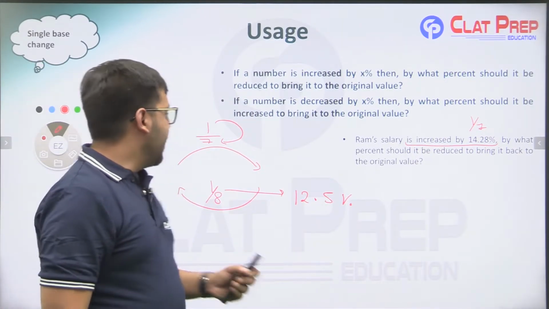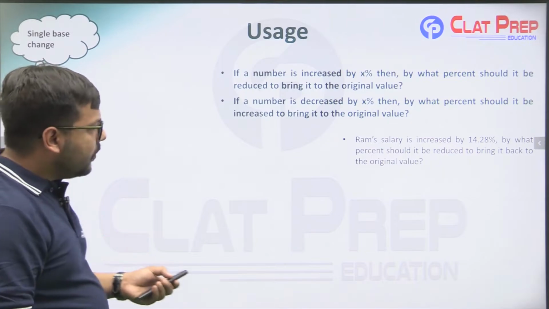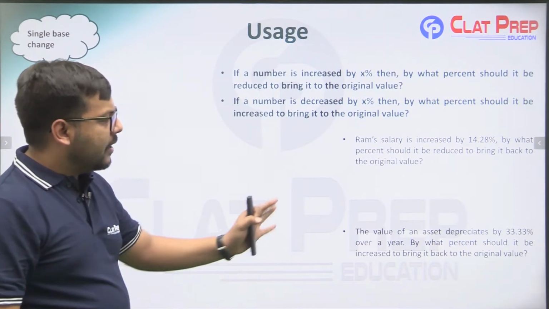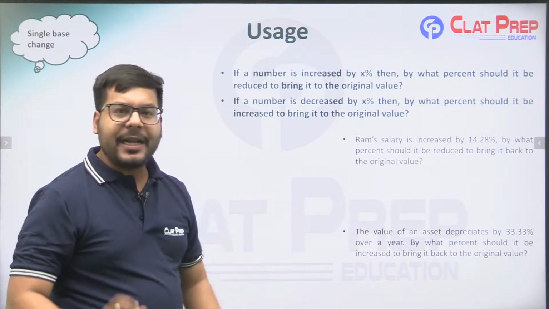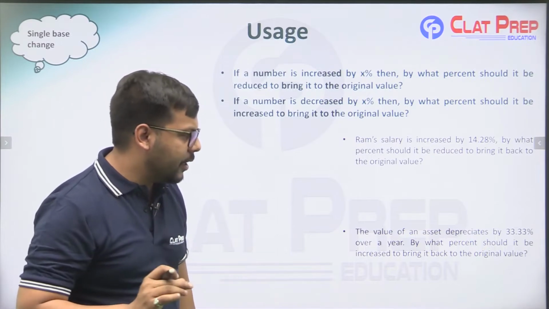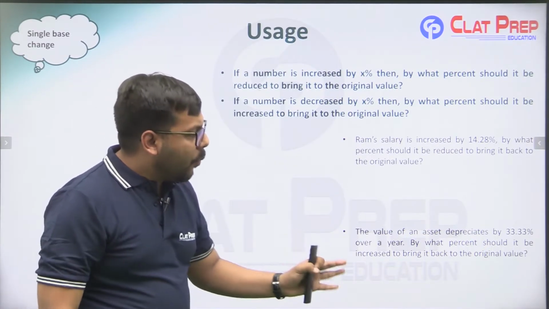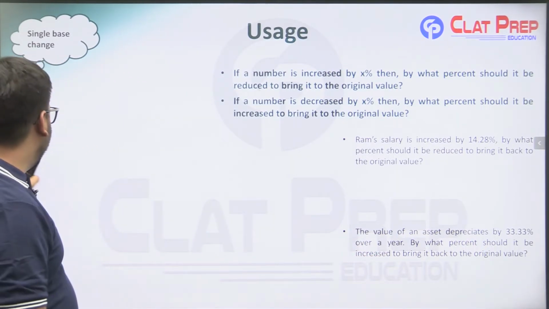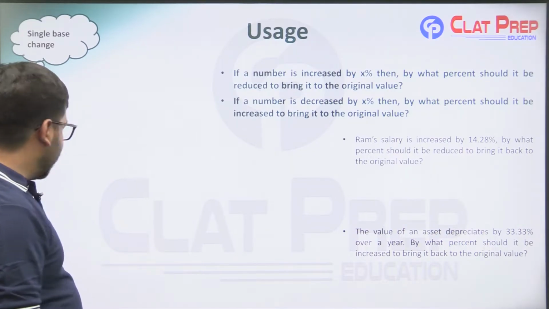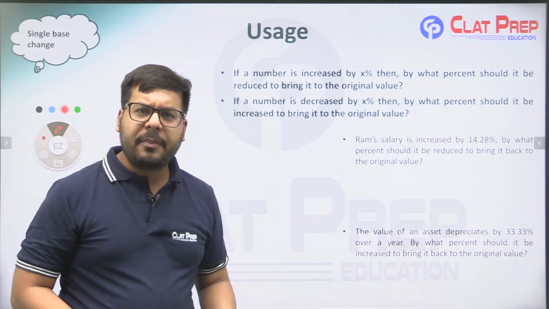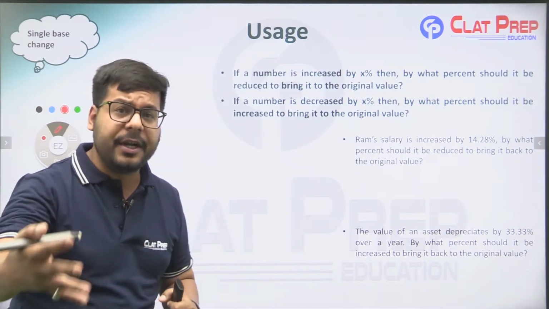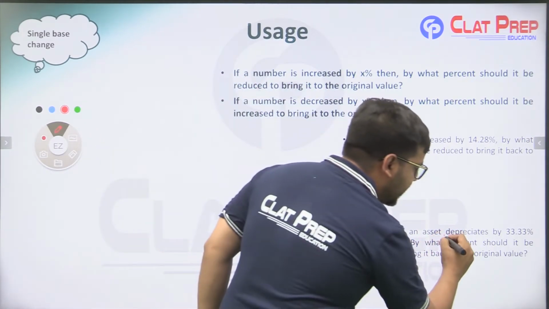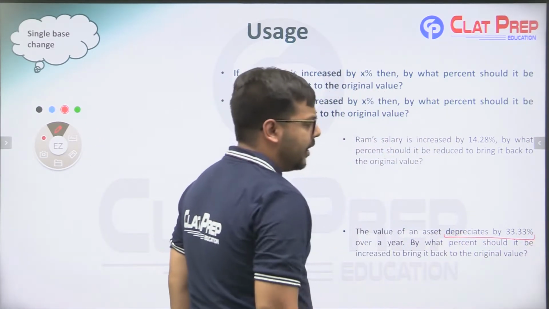Let's take another example. Say suppose I said that the value of an asset depreciates by 33.33% over a year. By what percent should it be increased to bring it back to the original value? Now depreciates, what does depreciate mean? It means it is reduced. So it depreciates or decreases by 33.33%.